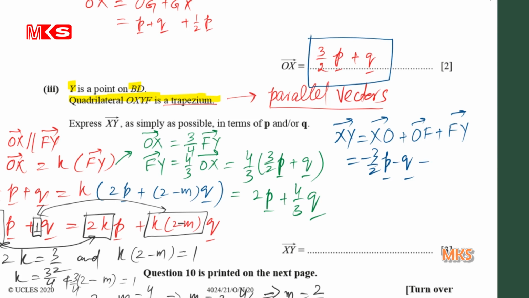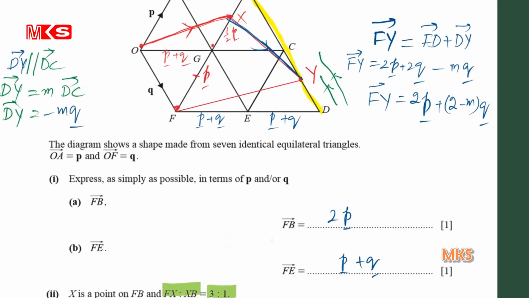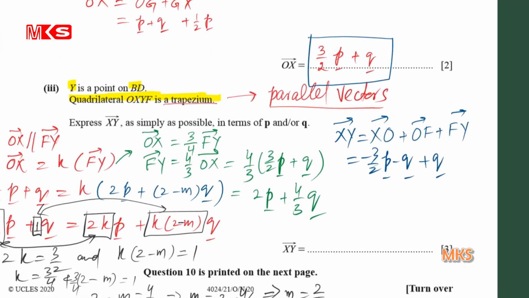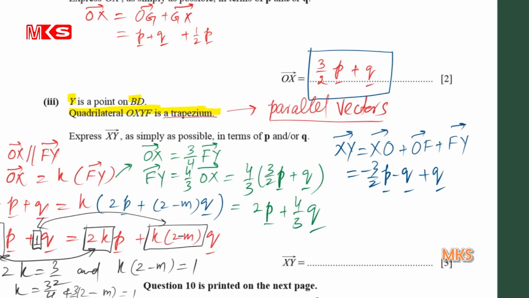Of is plus q. Let me see again, check it. Of is q, and fy is 2p plus 4 over 3q.